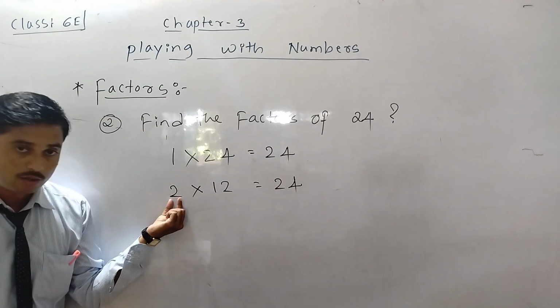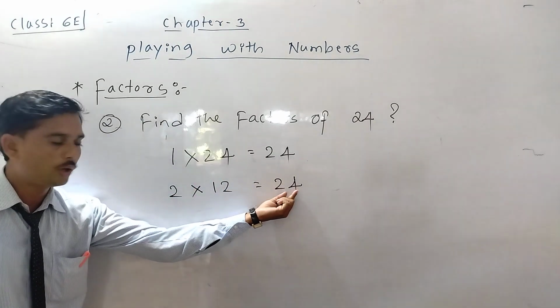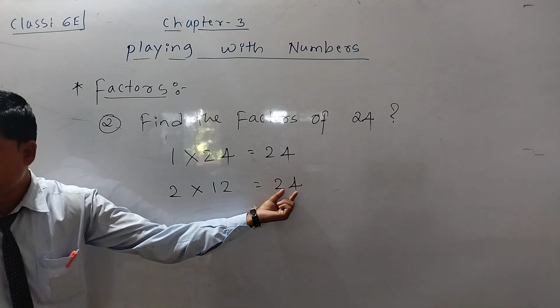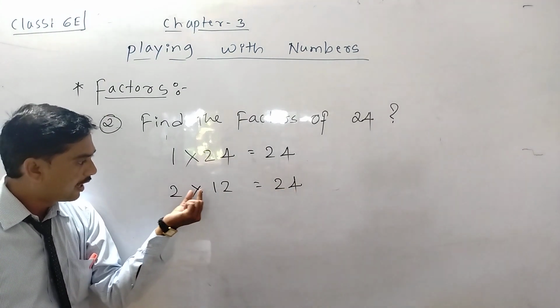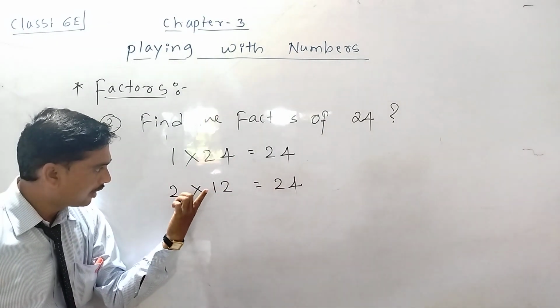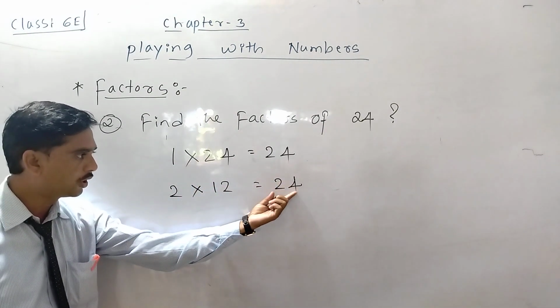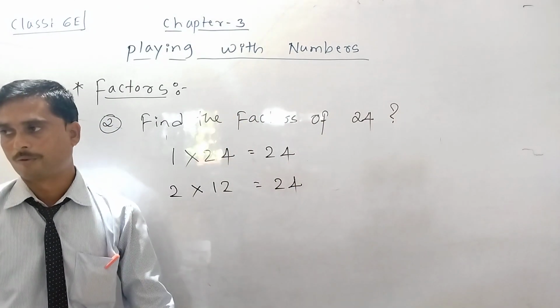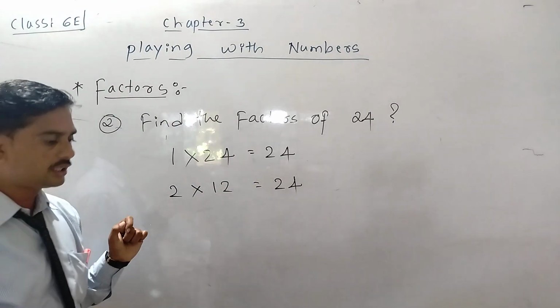Remember dear students, at a time you get again 2 factors. 12's table has 24 and 2's table has 24. Then again go to the next table.